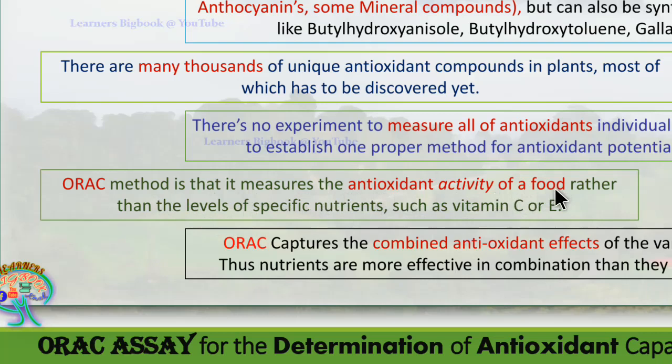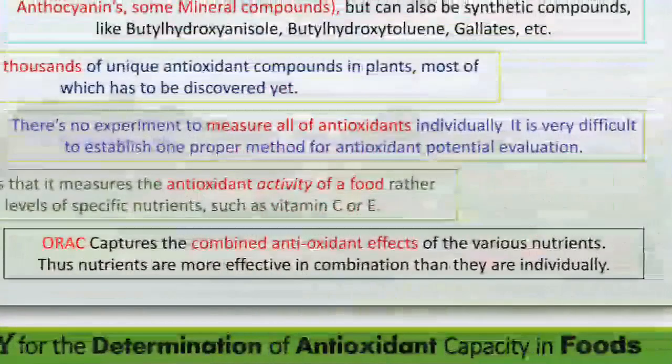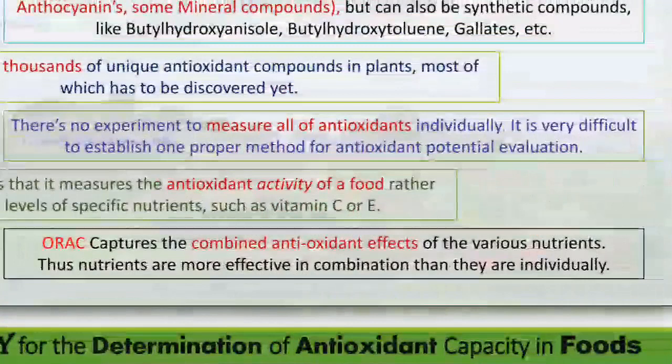So with the help of this ORAC method we will be able to get the antioxidant activity. ORAC captures the combined antioxidant effects of the various nutrients. Thus, nutrients are more effective in combination than they are individually.